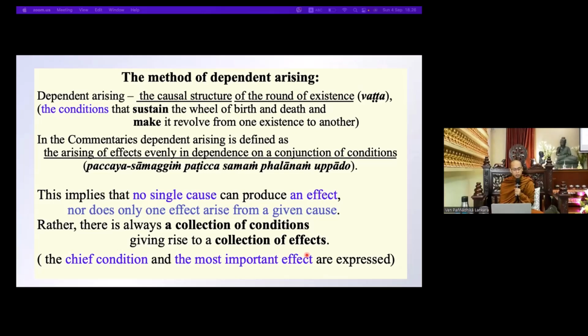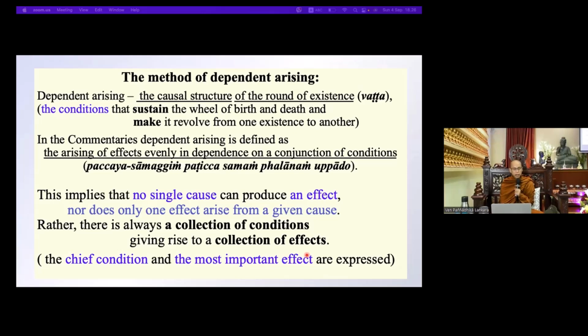Also, in the method of Paticcasamuppada, a single cause and single effect are pointed out, although they arise in collections or groups on both sides of condition and effect. It is a selection of the chief condition and the most important effect. This is the way of Paticcasamuppada.